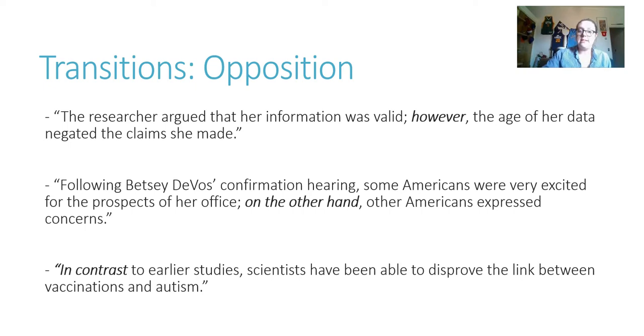So again, we can see that these words really do better help us understand what the relationship among different ideas and sources will be. And you can see how there's a bit more complexity when expressing opposition.